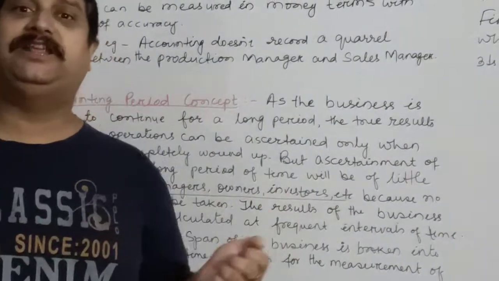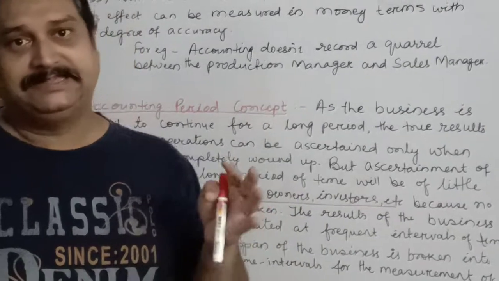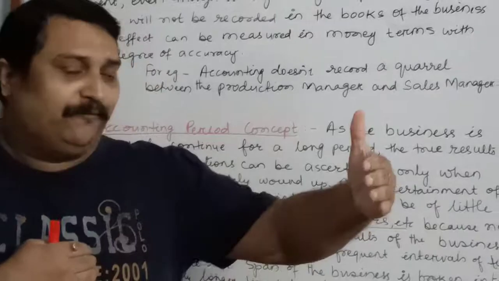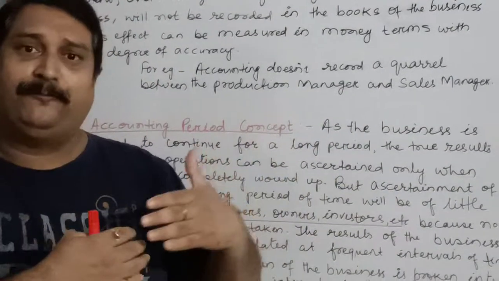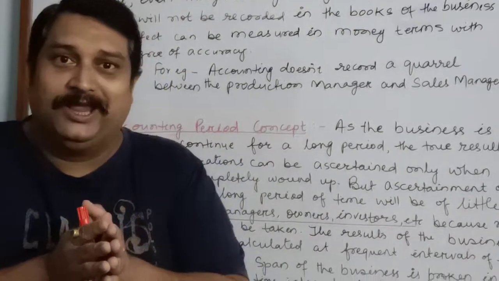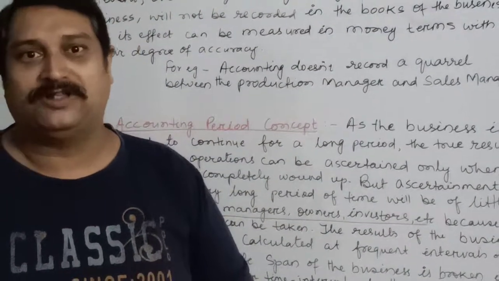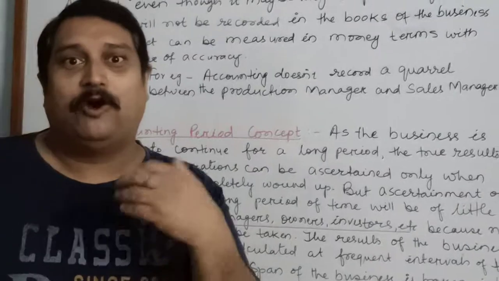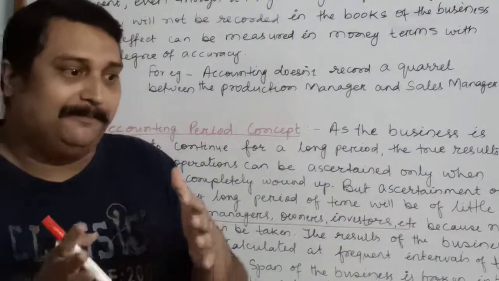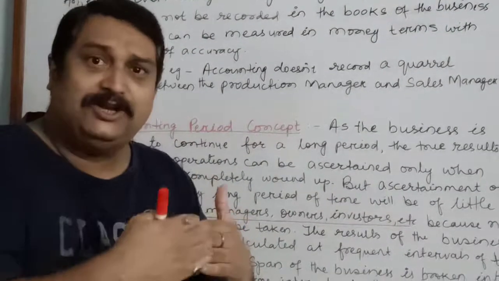Now, how long this interval of time should be is a matter to understand. The period for accounting measurement of profit should not be very long, and it should not be very small either. If you try to find out the profit or loss after every month, you will not be able to judge whether you have been doing right or wrong.